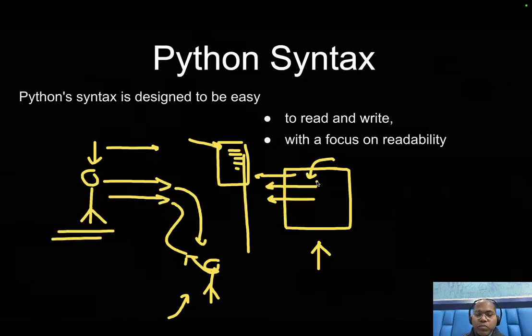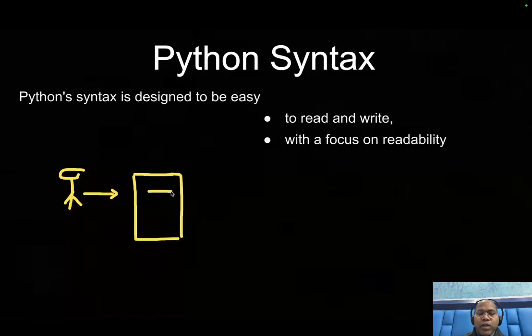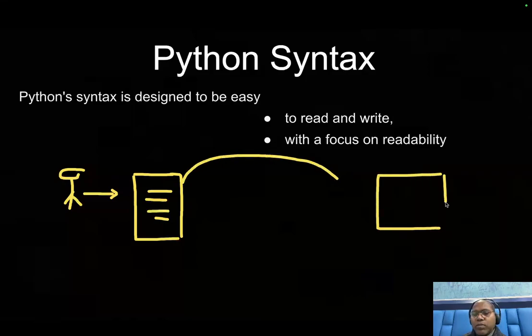So typically in any programming language, the architecture is that first you, as a software engineer or programmer, know basic English. You write the code in very simple English. The question is whether the computer can understand your English.